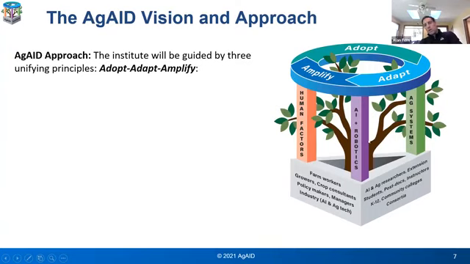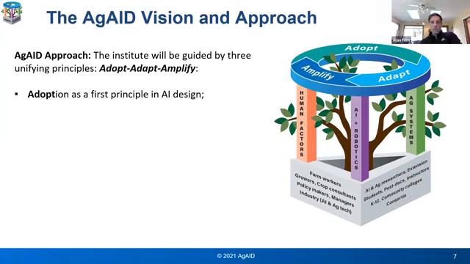So yeah, this is one of those slogan type slides. I won't spend too much time on it, but at the end of the day, the principles that we always try to keep in mind for the Institute are adopt, adapt, and amplify. And adopt is really the first principle, and we're really trying to go by this principle.